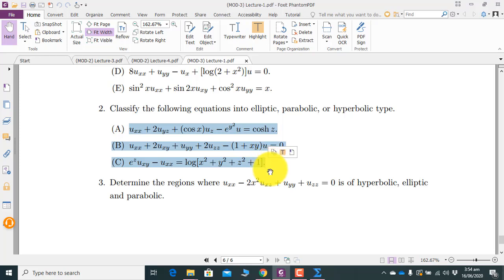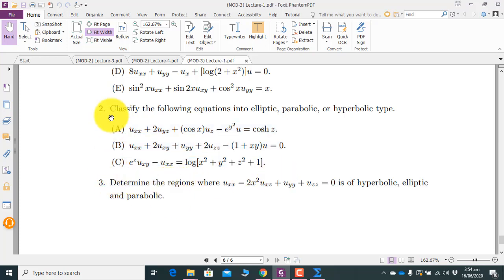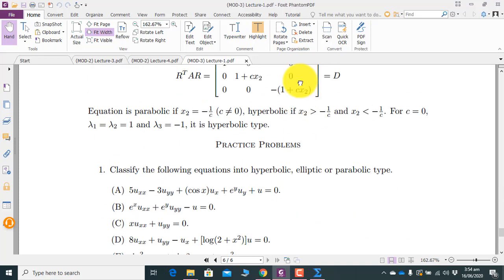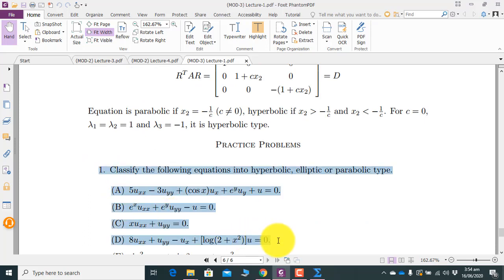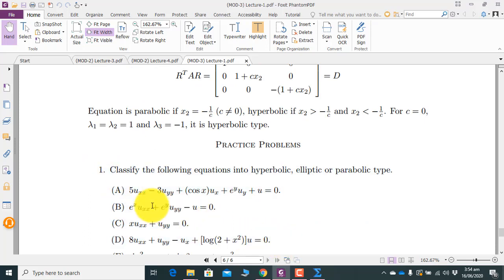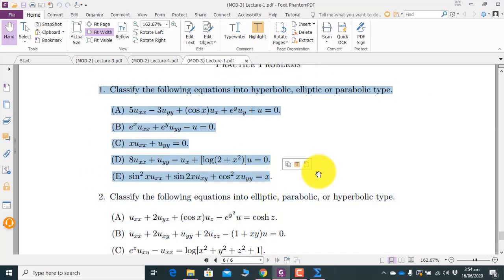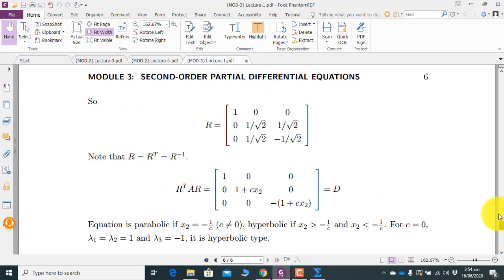Yes, u depends upon x, y, z. Independent variables more than 2 are not part of your syllabus, so you will not do questions 2 and 3. You just focus your attention on question 1. This is the practice problem that you have to understand, to develop an understanding of the classification of second order partial differential equations which are linear.